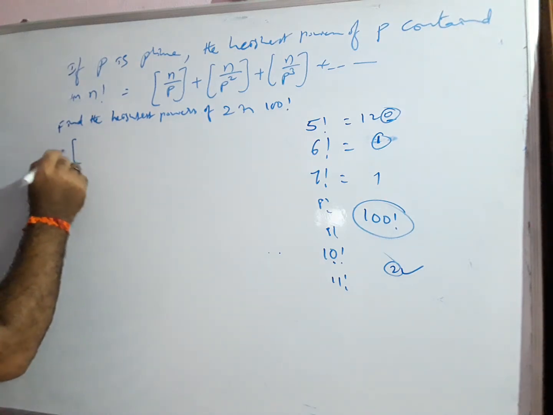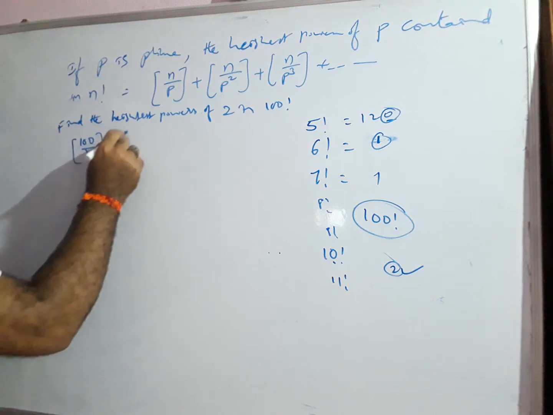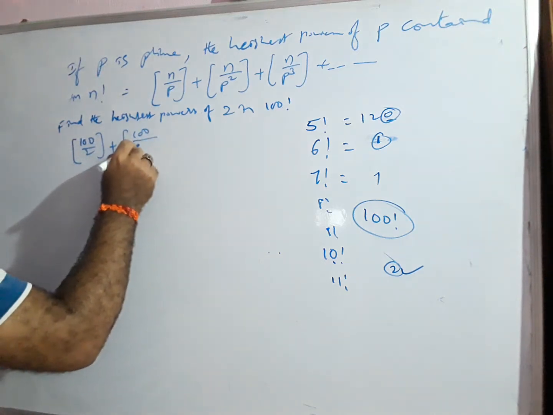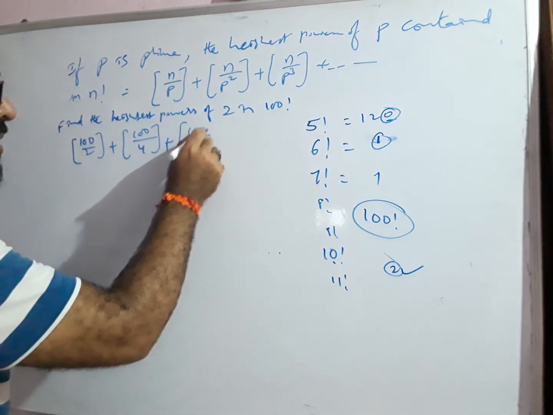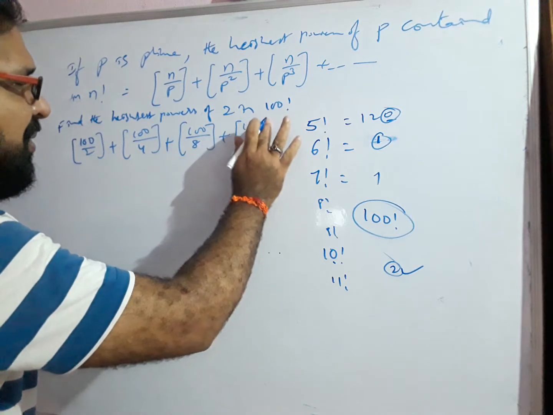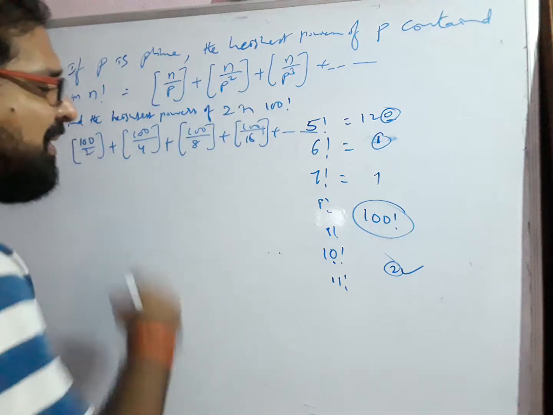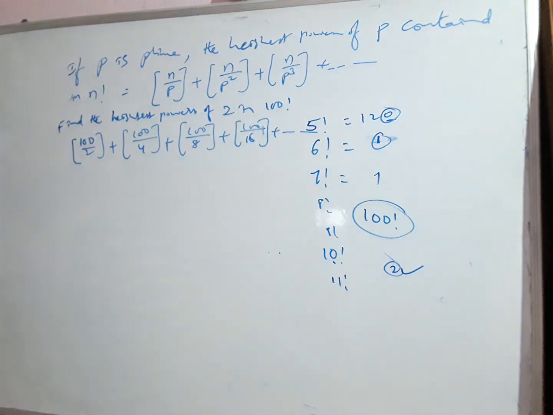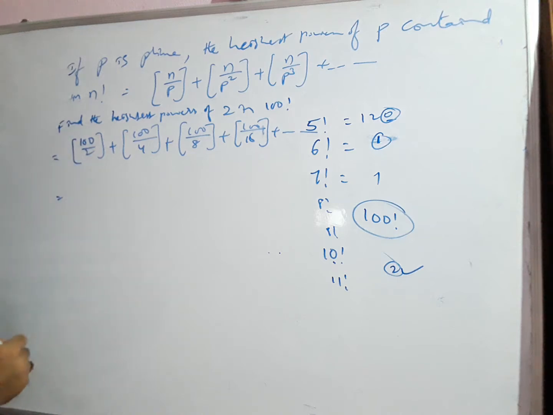So step of 100 by 2, plus step of 100 by 2 square, 4, plus step of 100 by 2 cube, 8, plus step of 100 by 2 power 4, 16, plus of course the remaining terms, right? So this is equal to step of 100 by 2, which is 50.